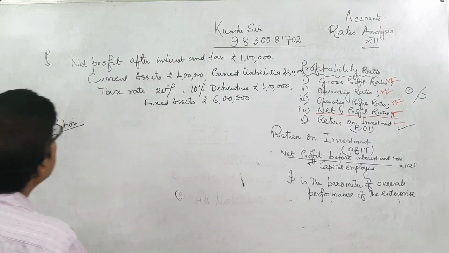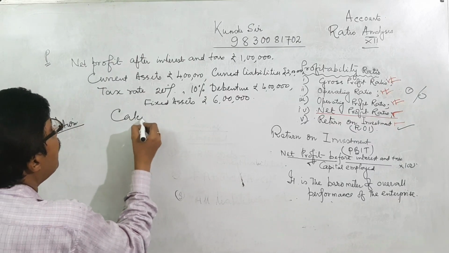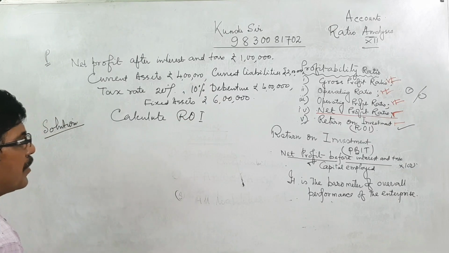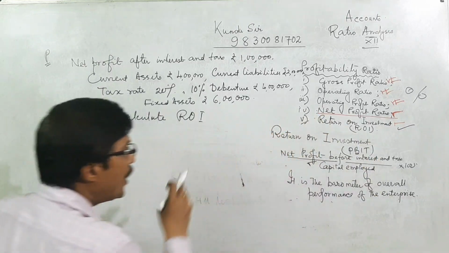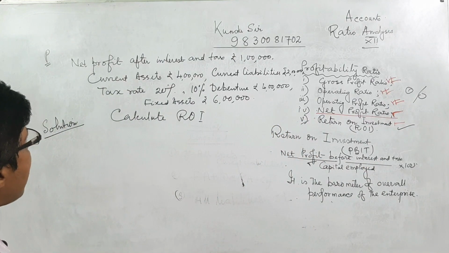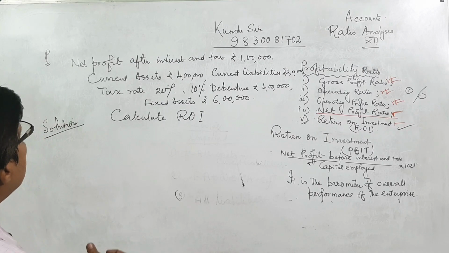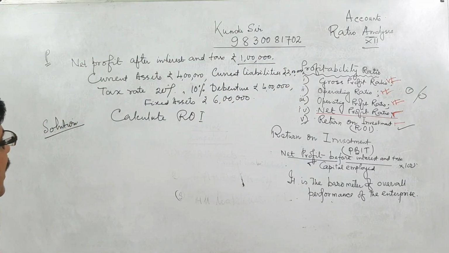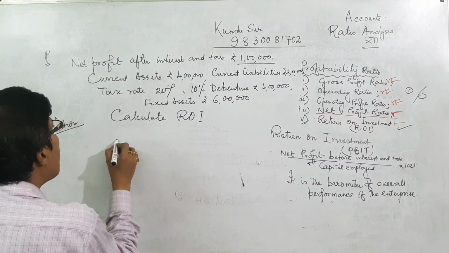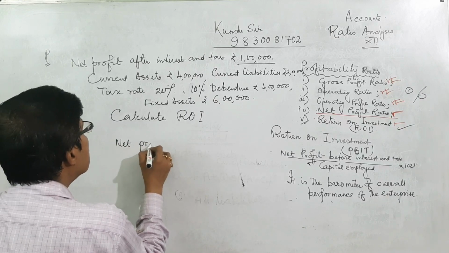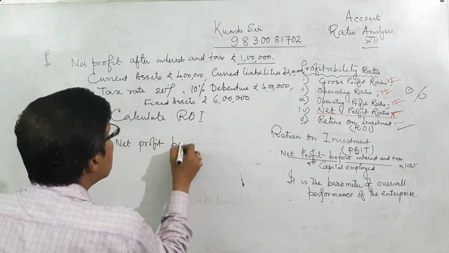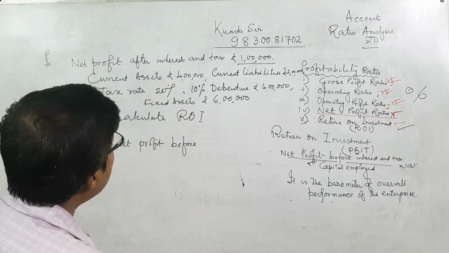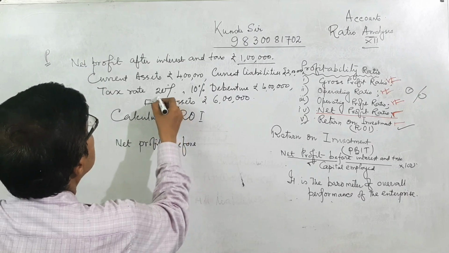Return on investment equals net profit before interest and tax. But here net profit after interest and tax is given. So we need net profit before tax. What is the tax percentage here? 20%.